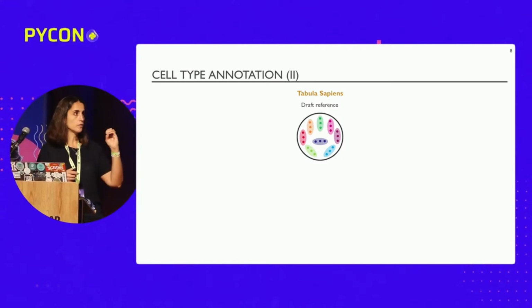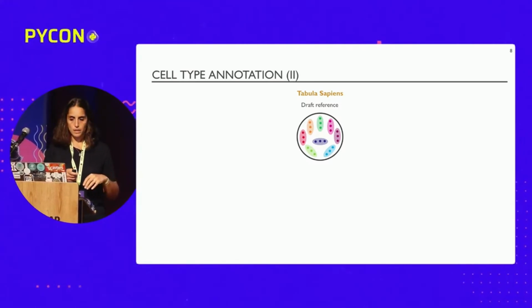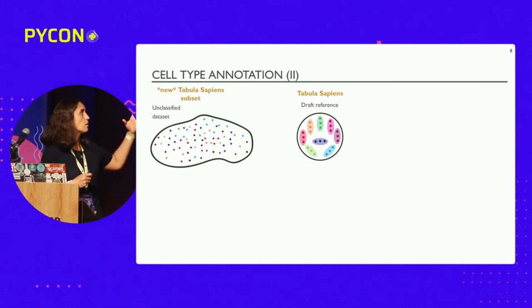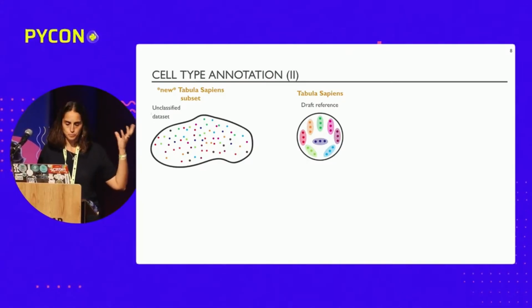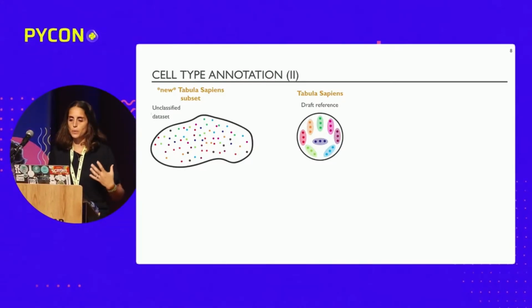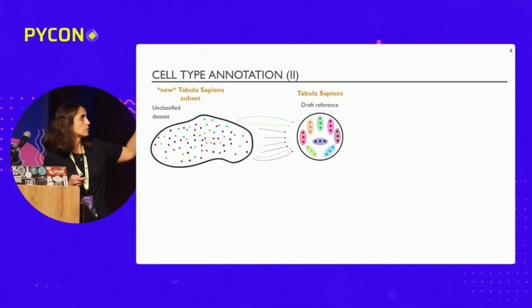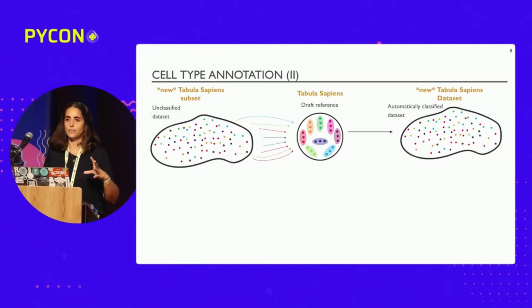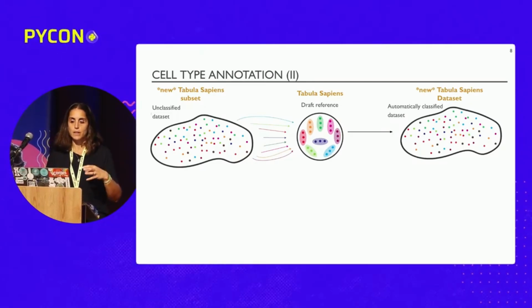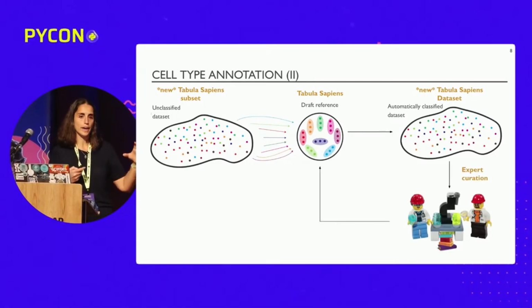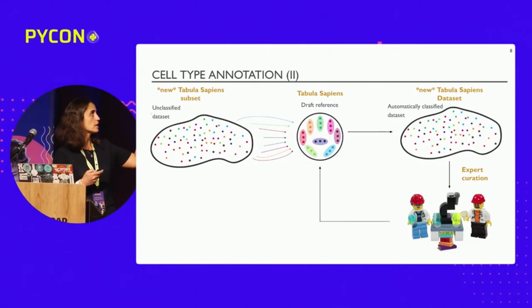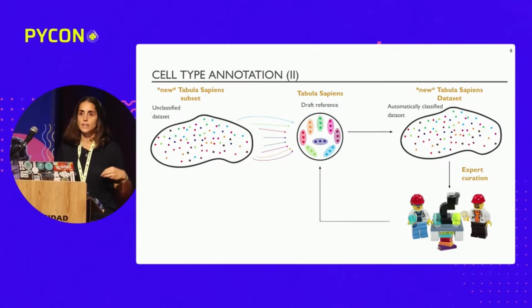And so we identify that, we build the reference, and then comes donor 2, which is now a completely unclassified data set. And so what we want to do is find a way of using this draft reference to classify the new data, and then we engage with the experts in curation such that we have an updated reference that is curated.